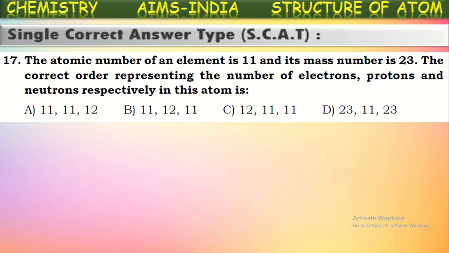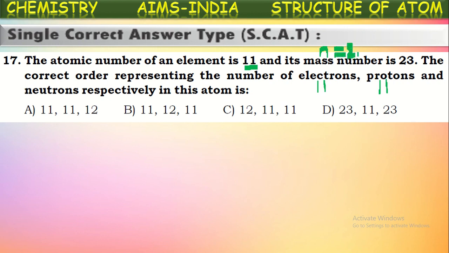We know atomic number for a neutral atom will be equal to number of protons as well as number of electrons. Now number of electrons we can say as 11, and number of protons is also equal to 11 because its atomic number is mentioned as 11. Now we can calculate number of neutrons by using the formula: number of neutrons is equal to mass number minus atomic number.